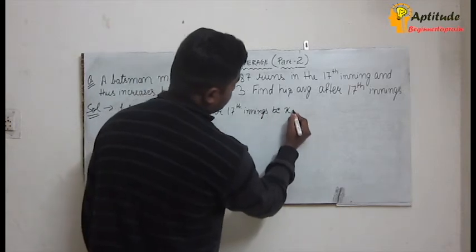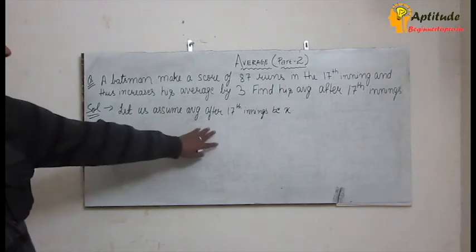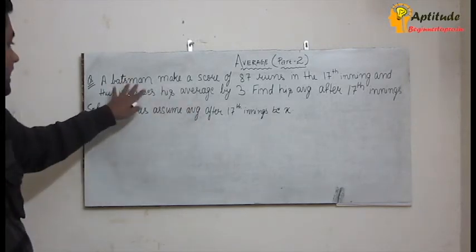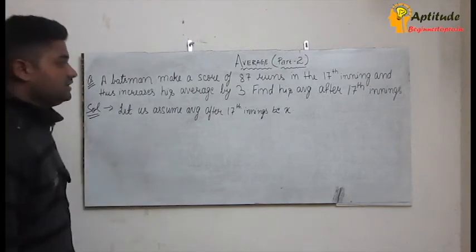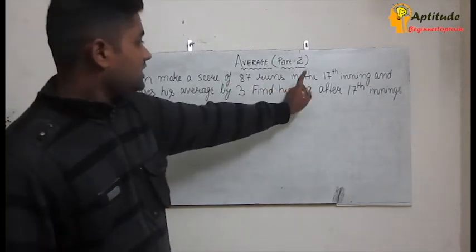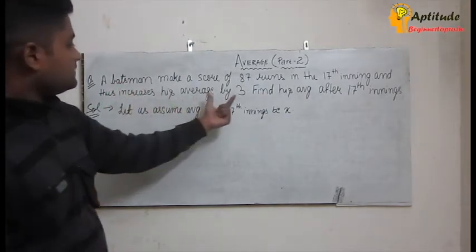So what will be the average of the batsman after the 16th inning, meaning at the end of the 16th inning? See, the question says in the 17th inning the average increases by 3.